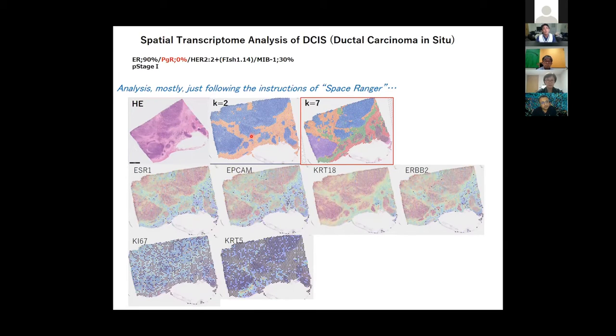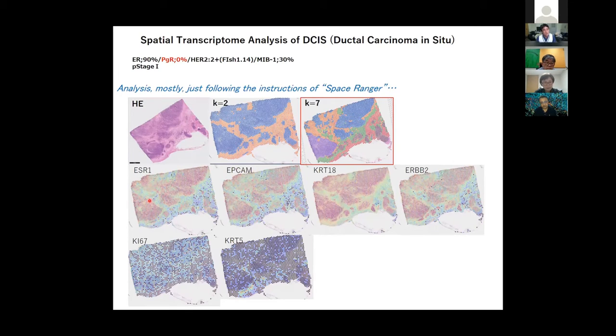And when we further separated the clusters into a finer level, several subclusters emerged. I forgot to mention, this is the gene expression level for particular representative genes, starting from the estrogen receptor gene.